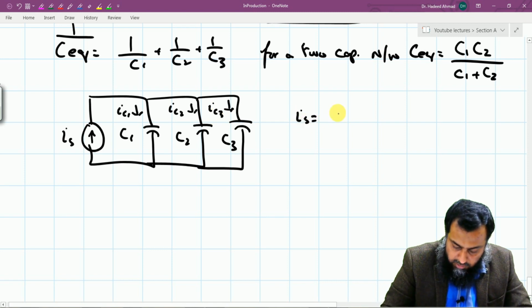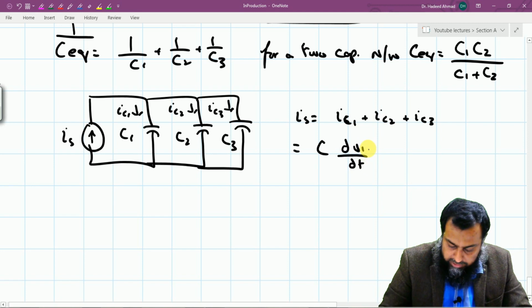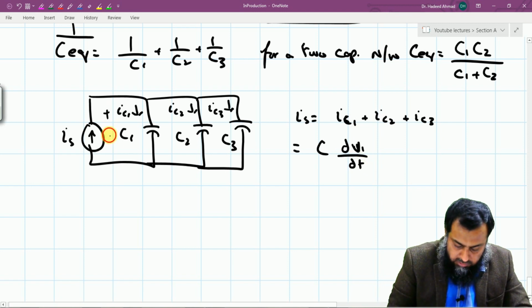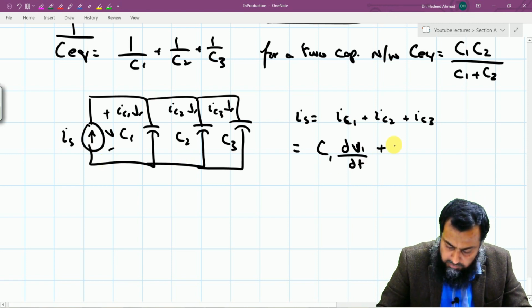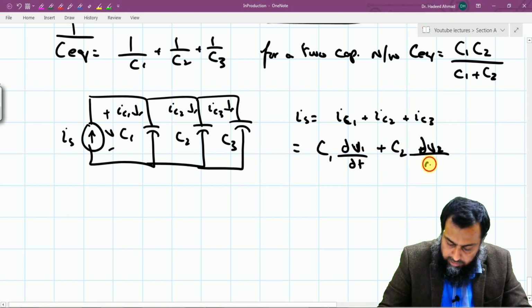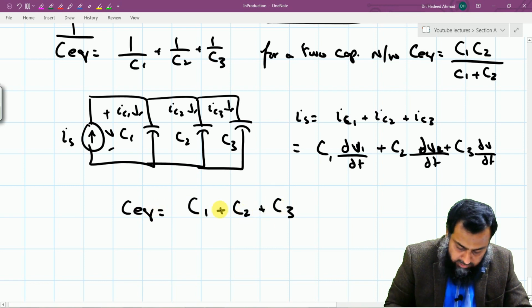Then IS is a sum of IC1 plus IC2 plus IC3, and this gives us C dV by dt, because this V is same for all these four devices, including the three capacitors and this current source. So we have C1 dV by dt plus C2 dV by dt plus C3 dV by dt, and this gives me C equivalent, which is the sum of C1 plus C2 plus C3.